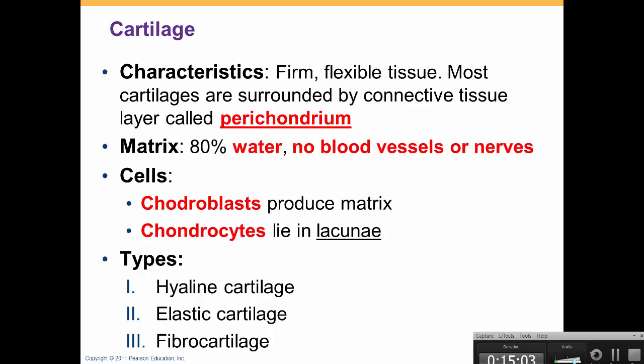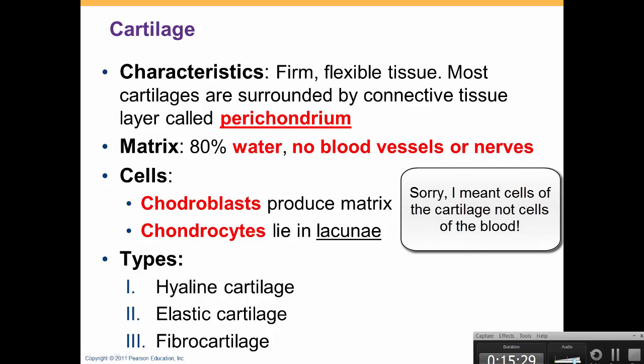Also, if you have blood vessels, and these joints might stretch, so you might break these blood vessels. That's why we don't even have blood vessels in the cartilage. So how does the cartilage get its blood? It actually takes nutrients via diffusion from the underlying tissue, which is in this case bone.